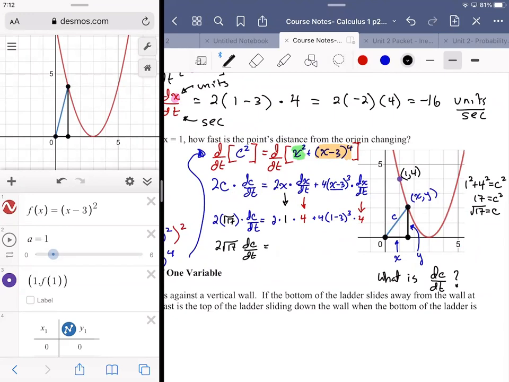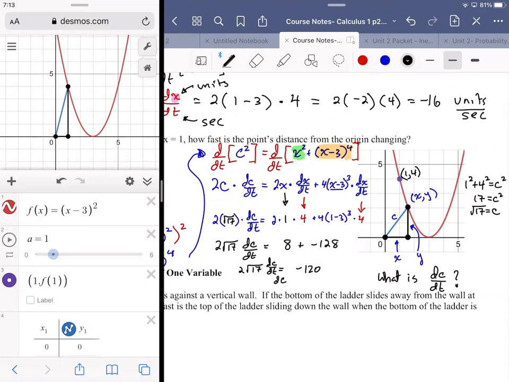So we have 8. We got negative 2 cubed is going to be a negative 8 times 4 is negative 32 times another 4. It's going to be negative 128. All right. So then 8 plus negative 128 is negative 120. 2 radical 17 dc dt.